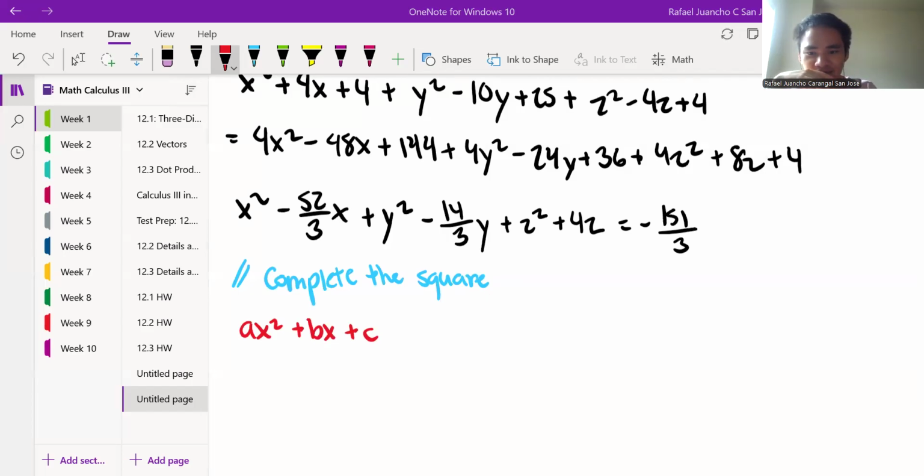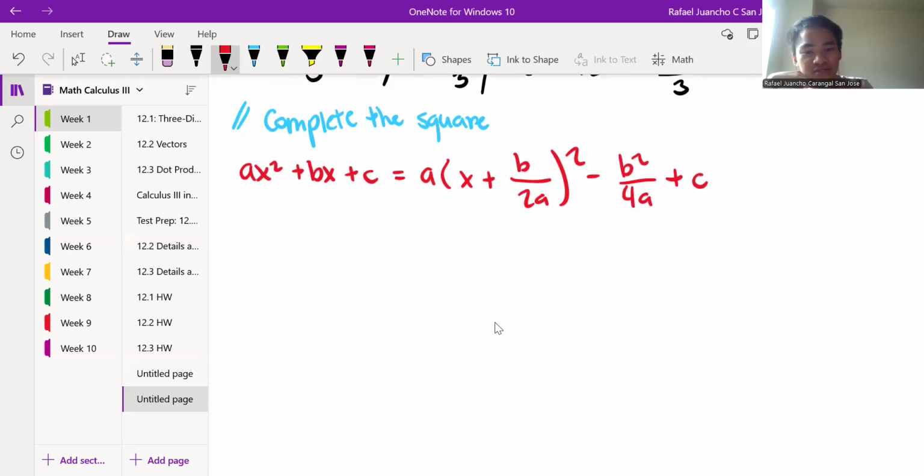Let's say you have that. I actually have a formula here, which is funny. Yeah, I did get a formula here somewhere. But that's basically a times (x plus b over 2a) squared, minus b squared over 4a, plus c.